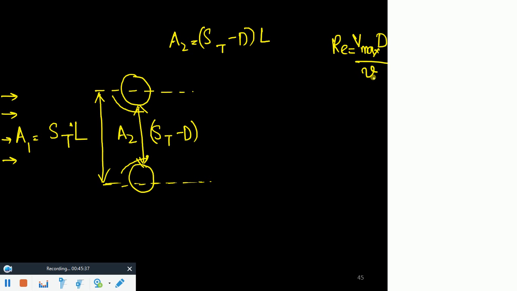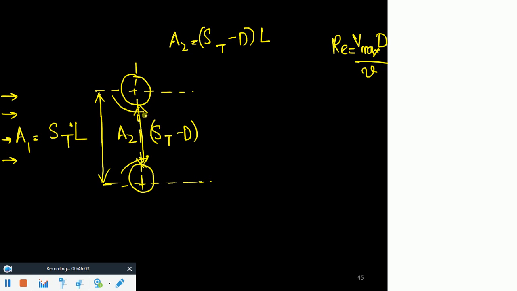From the Bernoulli equation, where should that maximum velocity occur? Where the area is minimum. If you look at this area right in the center of these tubes, the area is minimum. If you go to this point, again area increases. If you go to this point, again area increases.